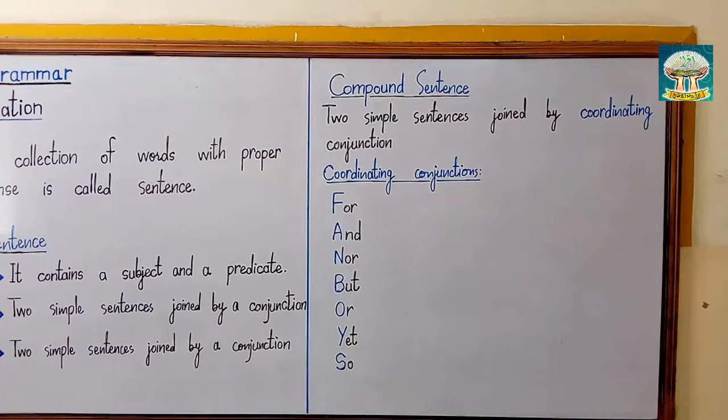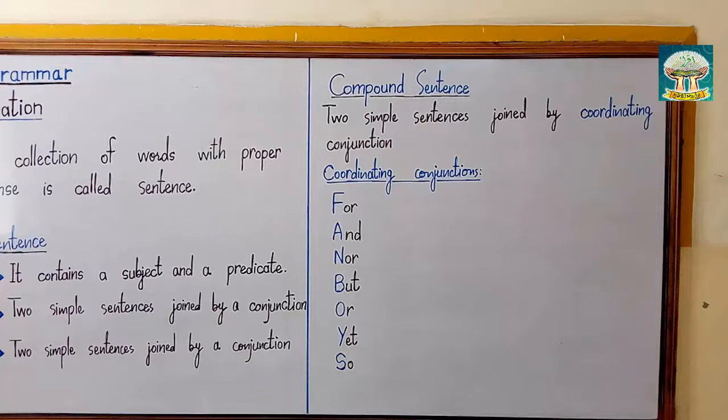A compound sentence is a combination of 2 simple sentences which are joined by a coordinating conjunction. What are coordinating conjunctions? There are so many conjunctions in the English language. It may be difficult for you to remember which are subordinating and which are coordinating.